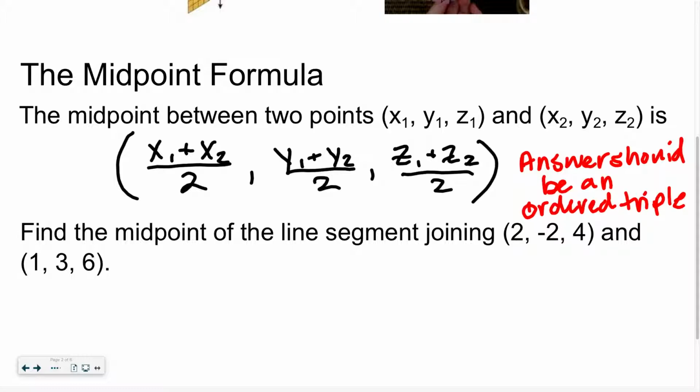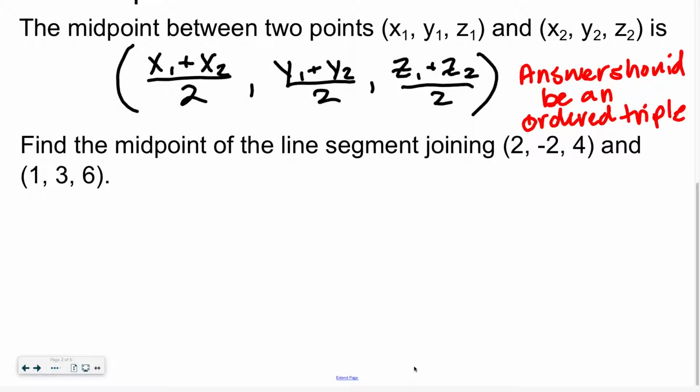If you haven't already, will you go ahead and find the midpoint for these 2 points? 2, negative 2, 4, and 1, 3, 6. And I'll put my answer up here in just a moment.